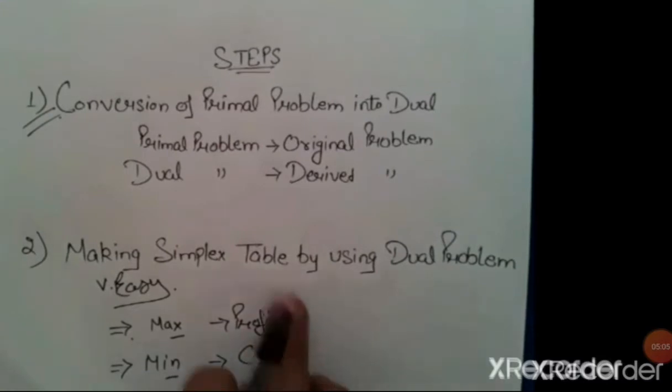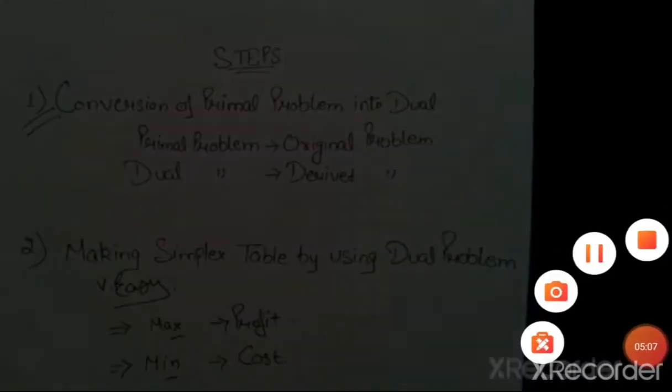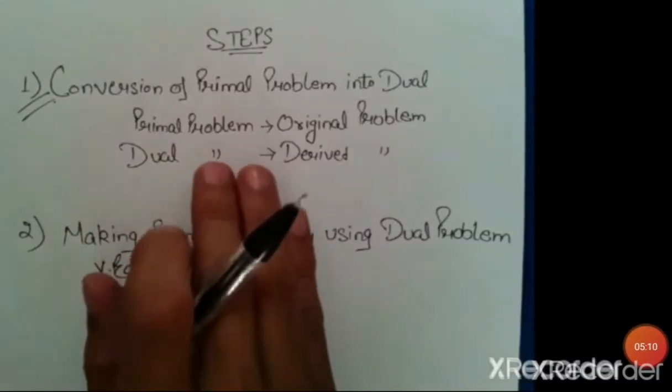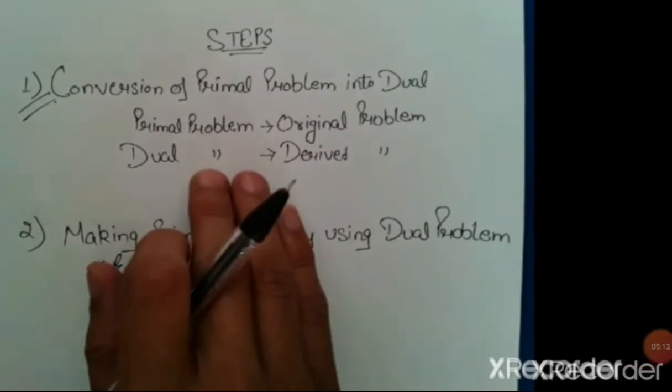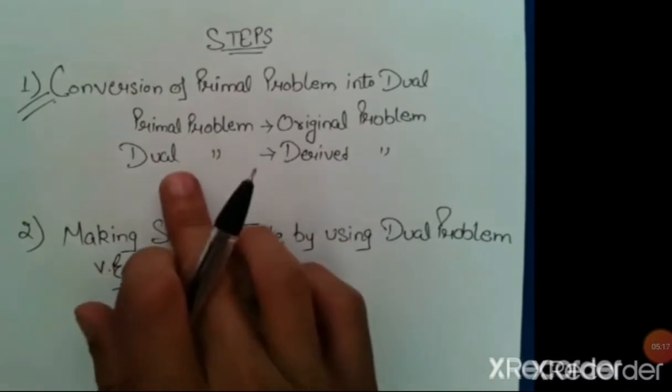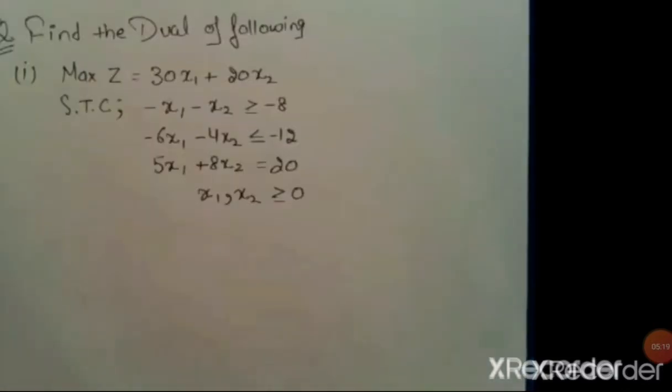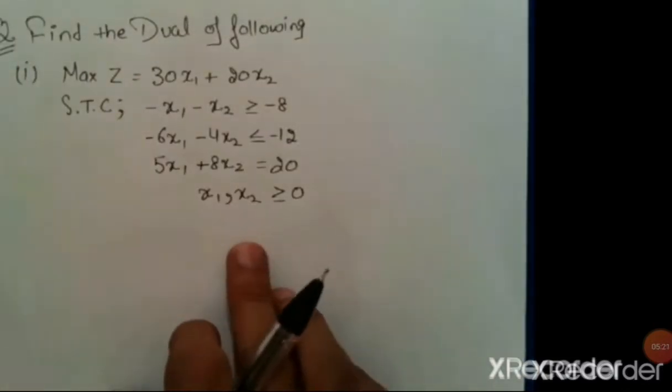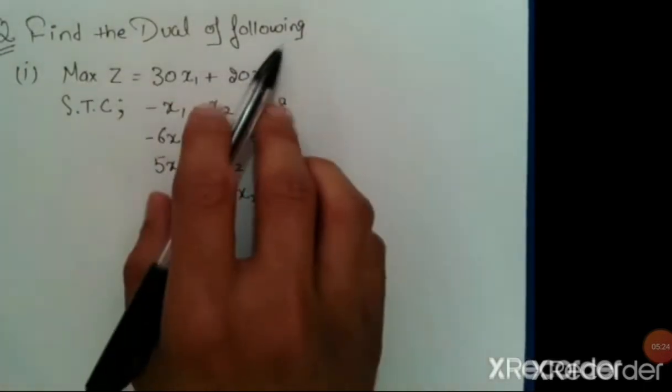The objective of both tends to an increase in profit only. But if you solve these two problems, the primal problem as well as the dual problem, you will get a solution. Let us consider an example.